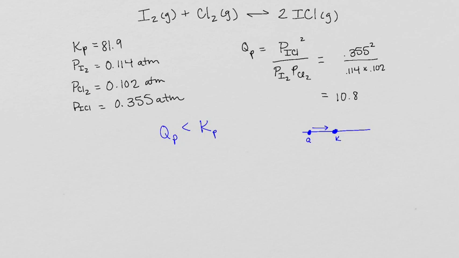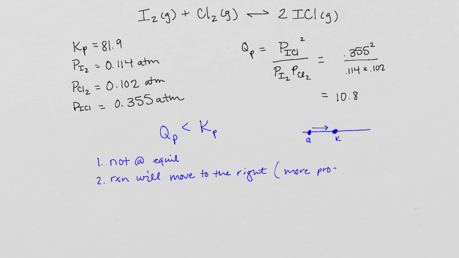It is not at equilibrium, and the reaction will move to the right. Or in other words, more product is going to form before this reaction reaches equilibrium.